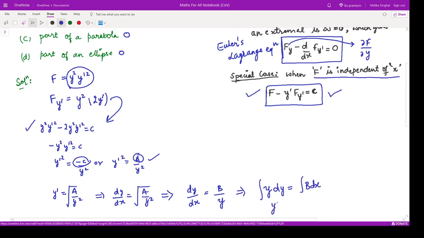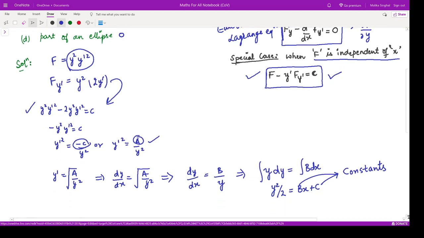So we have y square by 2 is equal to bx plus c, where these b and c are constants which are to be determined, right?